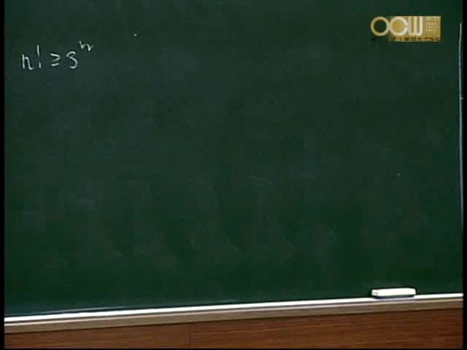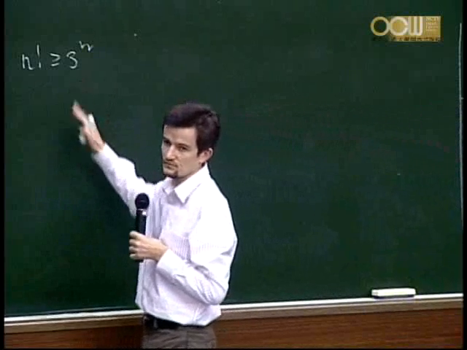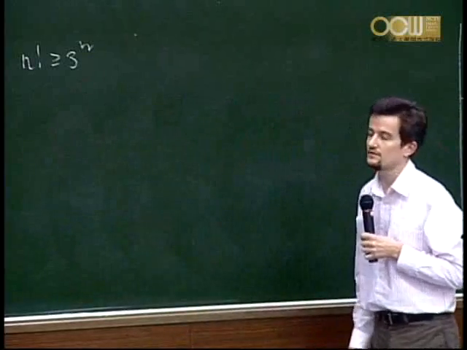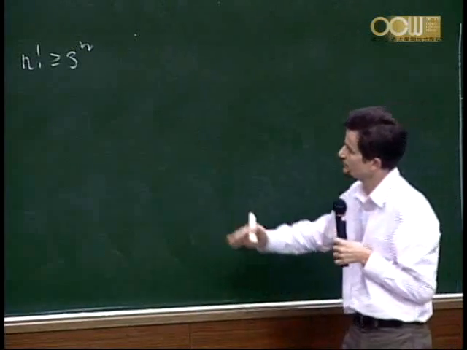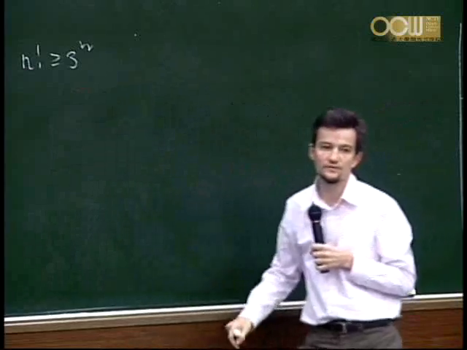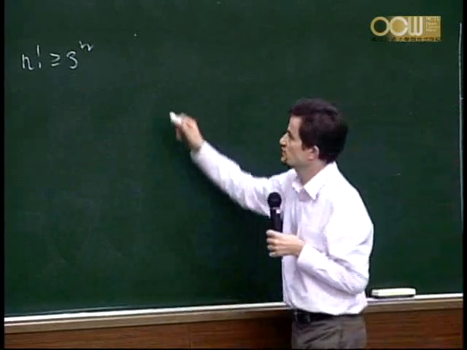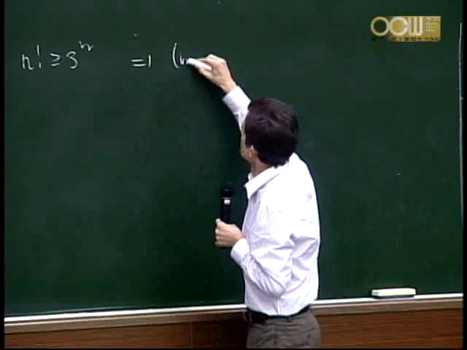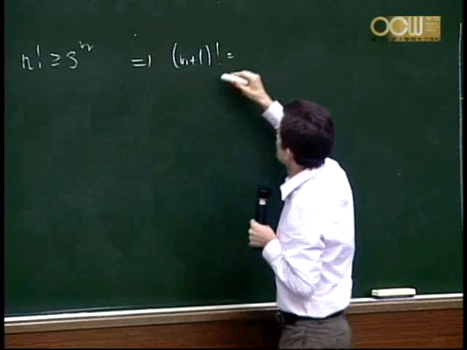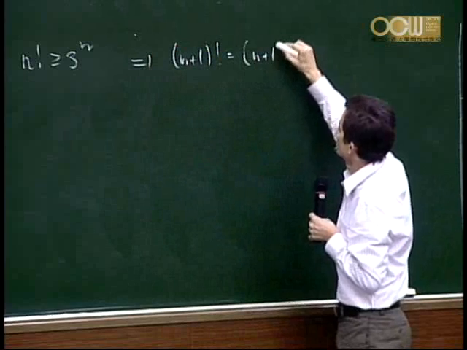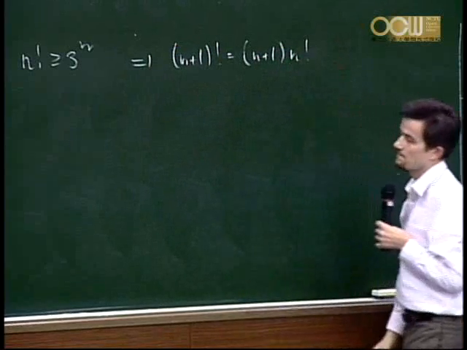Now, whenever you have something like this, if you are asked to prove it, you will prove it by induction. For the induction step, you can write (n plus 1) factorial as n plus 1 times n factorial.